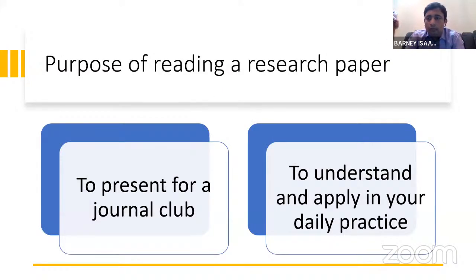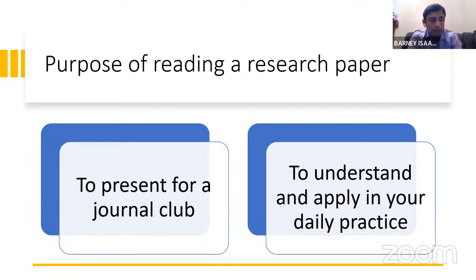When we read a research paper, we usually have 2 reasons. One is we want to present it for a journal club during our post-graduation, internship, and as we move along, there are journal clubs in different situations where we would like to choose an article and read.